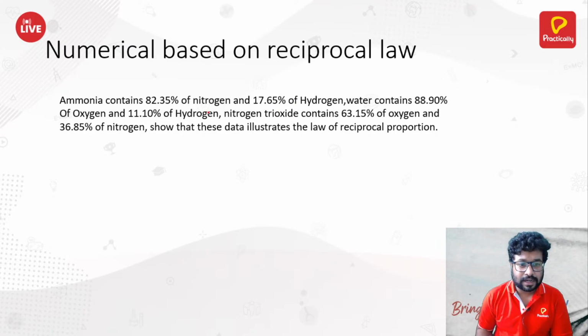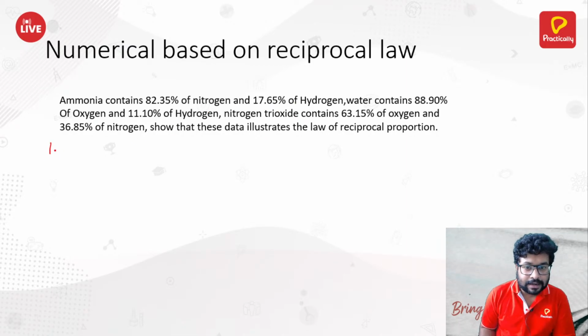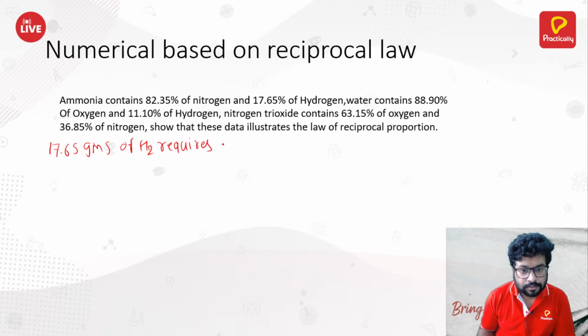Let's take the hydrogen and nitrogen. Let's convert this into grams. Ammonia contains 82.35% nitrogen, that means 17.65 grams of hydrogen requires 82.35 grams of nitrogen.